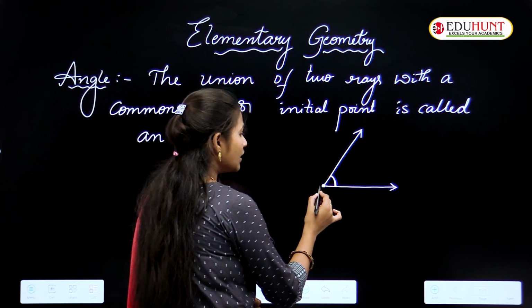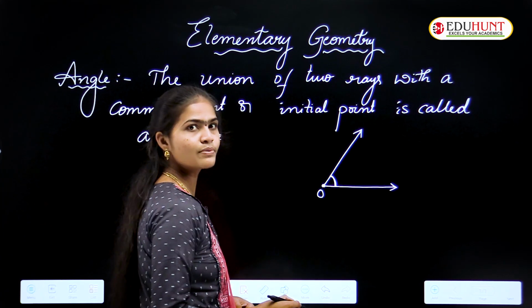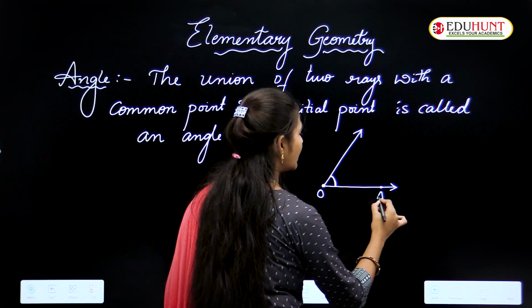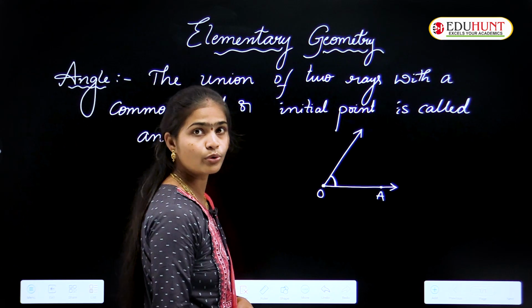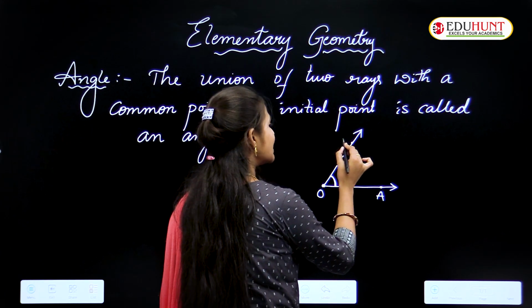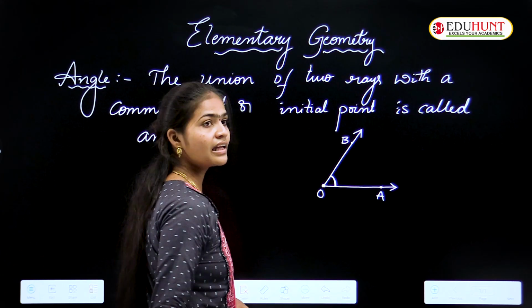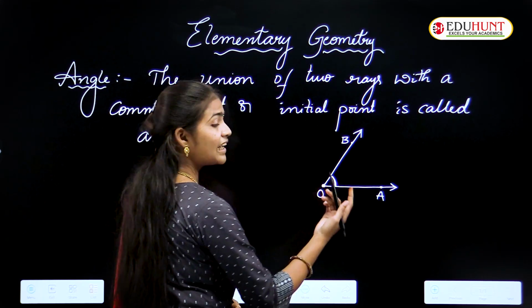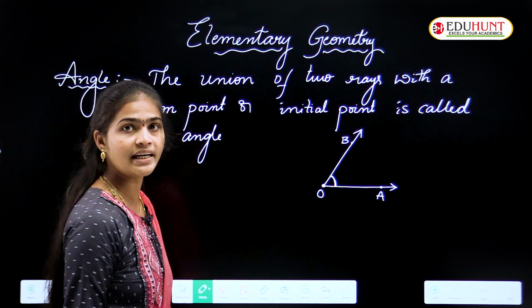Common point means, for example, I am going to take this one as O. This ray is named OA and this ray is named OB. So I take two rays, OA and OB. Which one is the common point here?